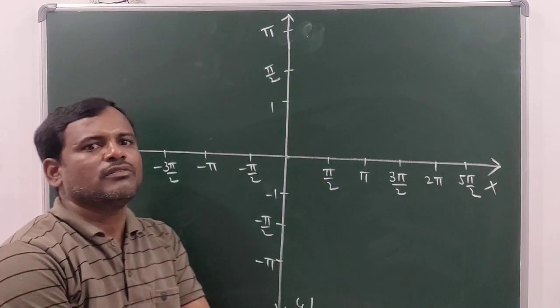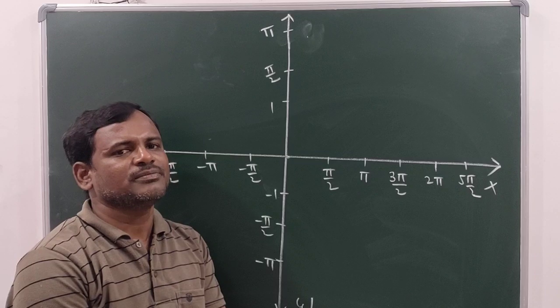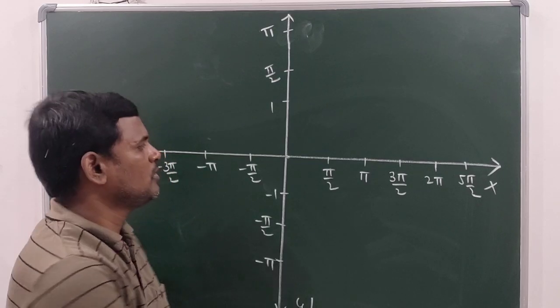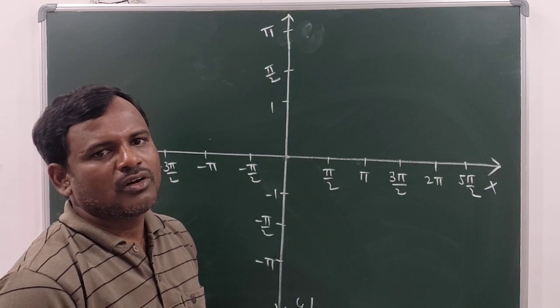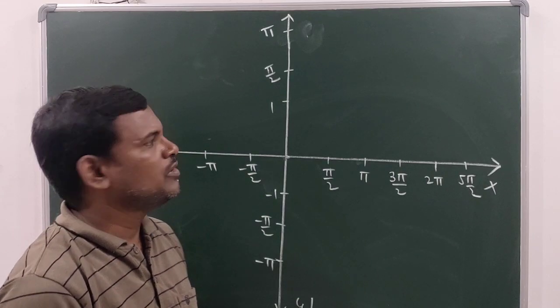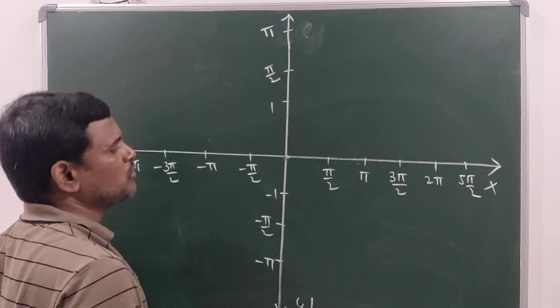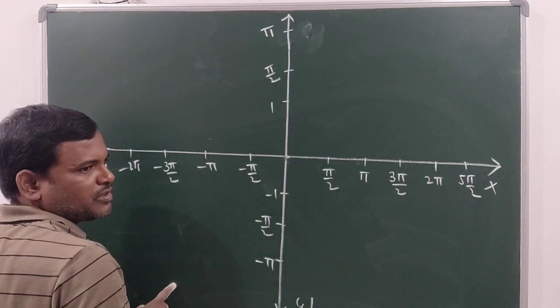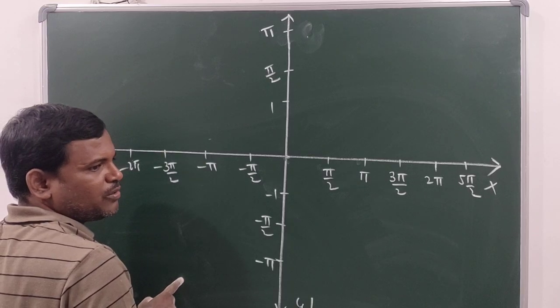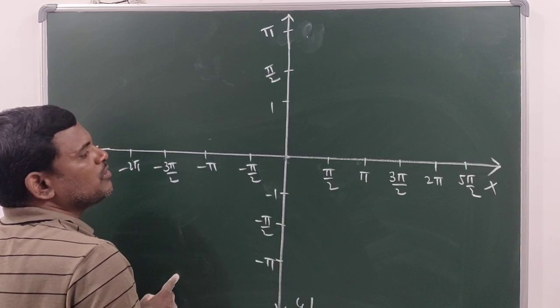Okay students, what is the principal domain of secant x? 0 to pi. But where are we getting breaks? Okay, 90, no? Tell me students, how do you get the graph? So 0 to 90. Secant 90 is not defined. So what do you get?